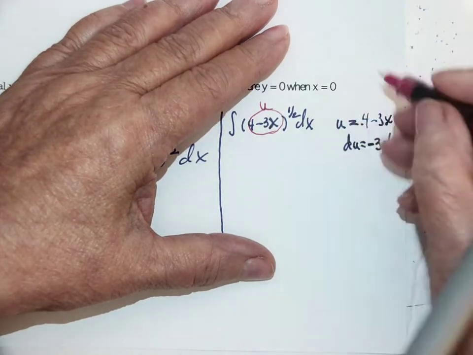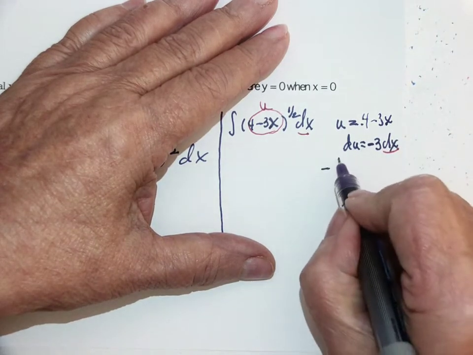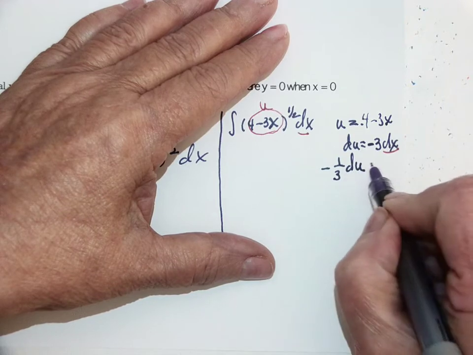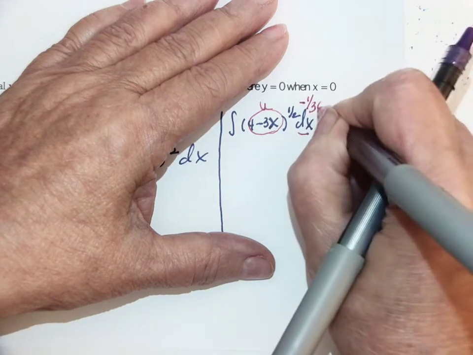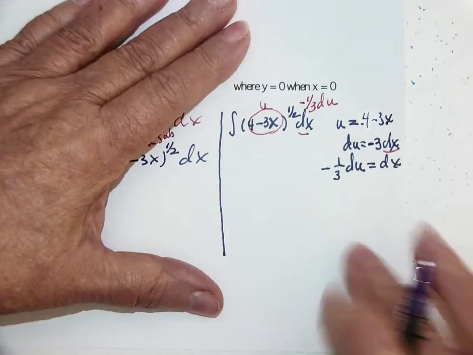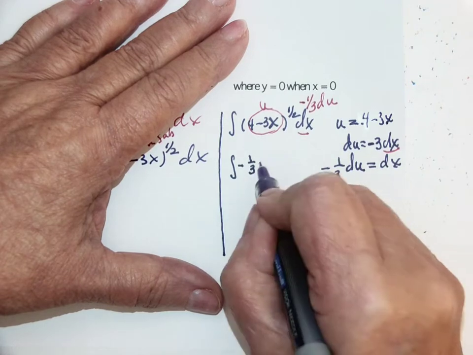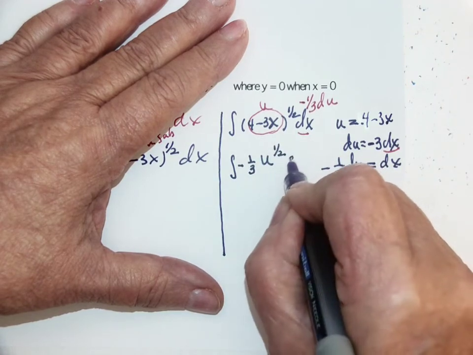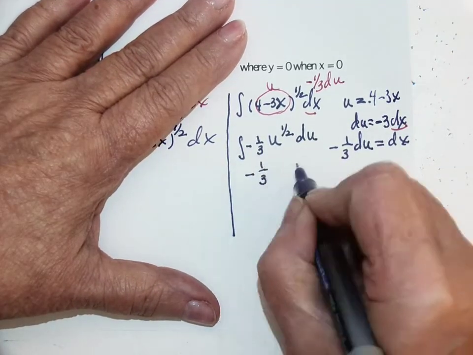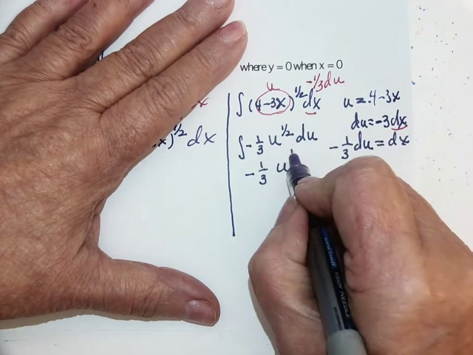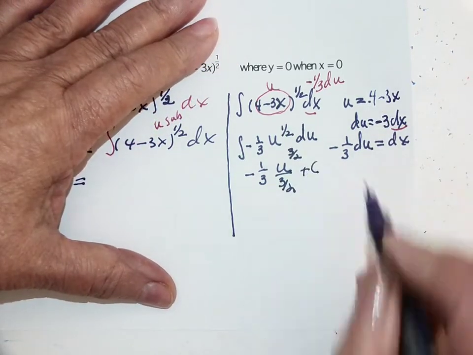Now I only need the dx, so negative 1/3 du is dx. So this is the integral of negative 1/3 u to the 1/2 du, which is negative 1/3 u to the add 1, 3/2, divided by 3/2 plus c.